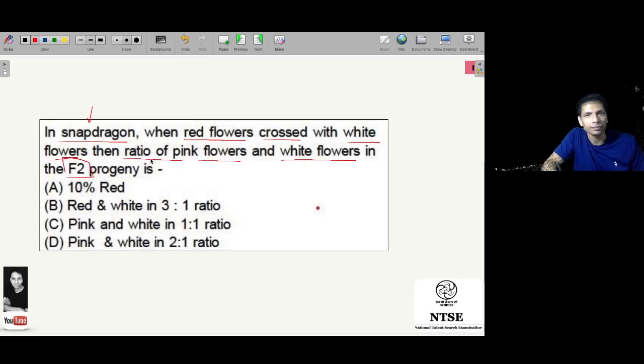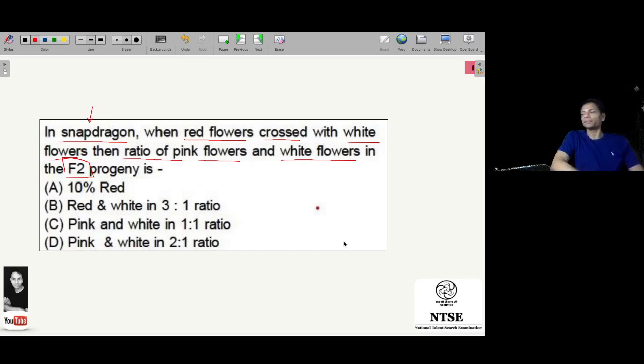There are four options: 10% red, red and white in 3:1 ratio, pink and white in 1:1 ratio, and pink and white in 2:1 ratio. So again, the question is about Snapdragon, with red flowers crossed with white flowers, and the ratio in the F2 progeny.